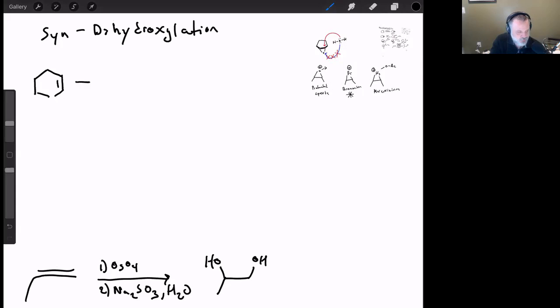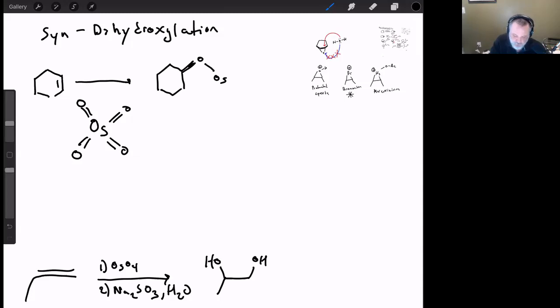And so if I were to think about what's going on here, in step one, we have osmium tetraoxide. And osmium tetraoxide is an osmium atom that's got 4 bonds to oxygen. And at the end of the day, it also makes a cyclic intermediate. But this cyclic intermediate has 5 different atoms in it.